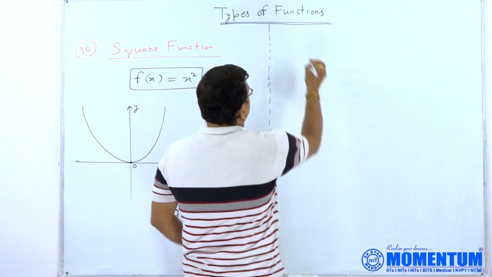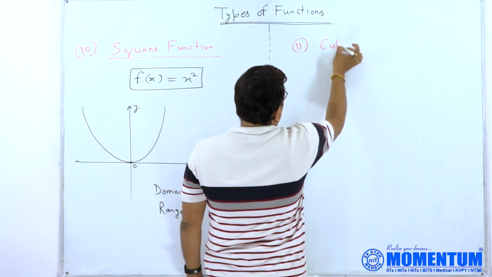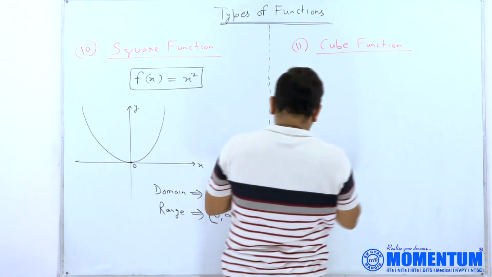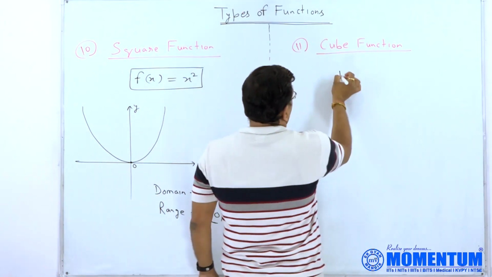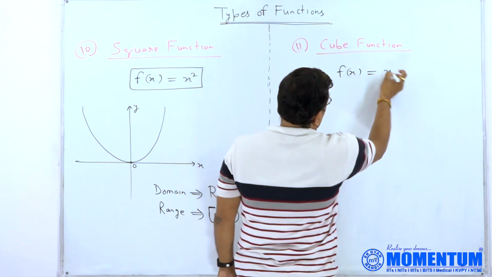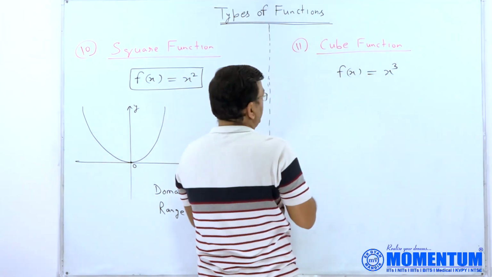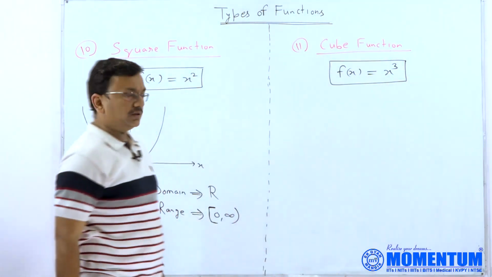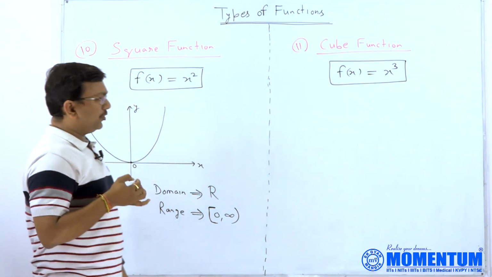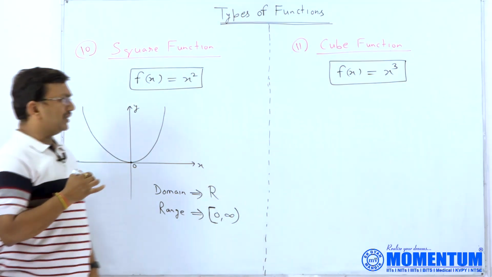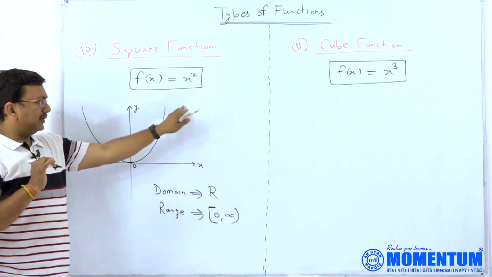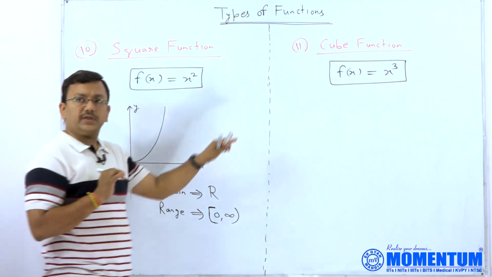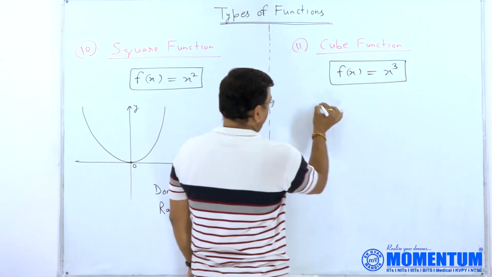Number 11 is cube function. This is f of x is equal to x to the power 3. Dear students, square function, cube function, important is their graph. Knowingly I am telling you so that you can have knowledge of graph of x to the power 2, x to the power 3 to make problems in coming chapters.